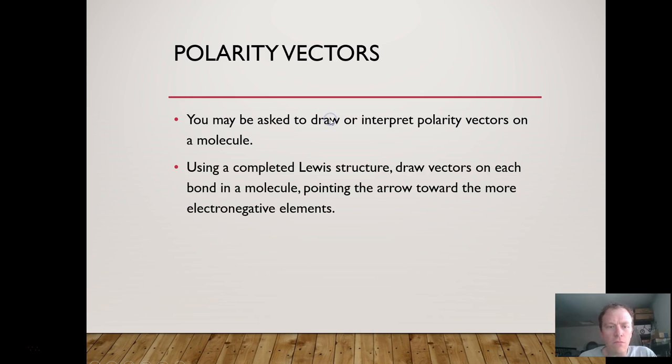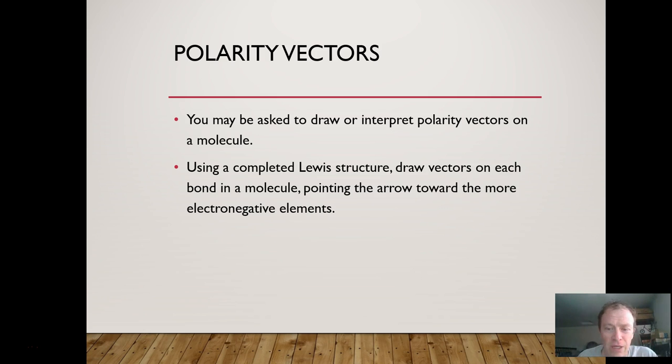So you might be asked to look at the Lewis structure and put vector arrows on it, or interpret them at least. So I just want to spend a couple minutes talking about how that might be done. What you have to start with is a complete Lewis structure, hopefully with the correct shape and all that kind of thing, because the shape is pretty important. But what you want to do is, I've shown you those little arrows before.